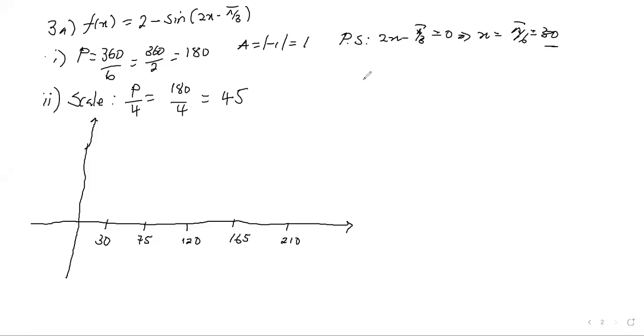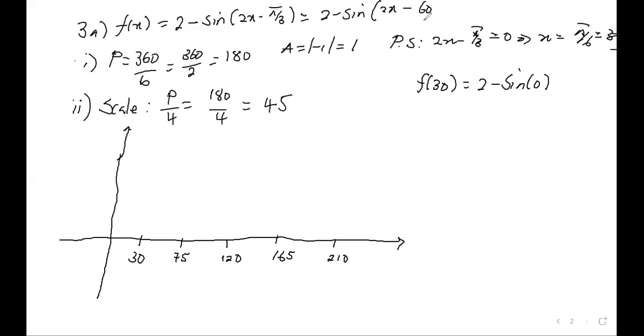So now we pick the first number, 30, and put it in the function where there's x. The inside of the function is going to be 0 at the first number, because when you put 30 there, you have 60 minus 60, that is 0. Remember, pi over 3 is 60. So you can write this function as 2 minus sine of (2x minus 60).